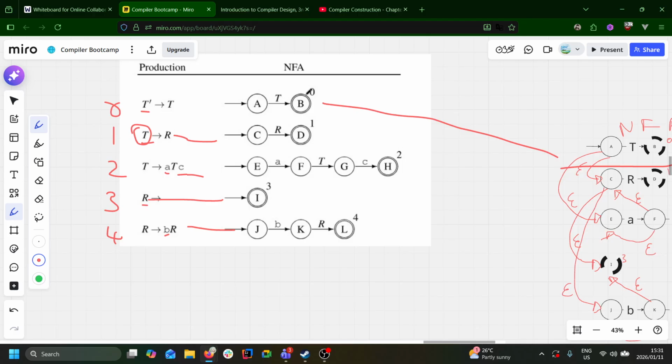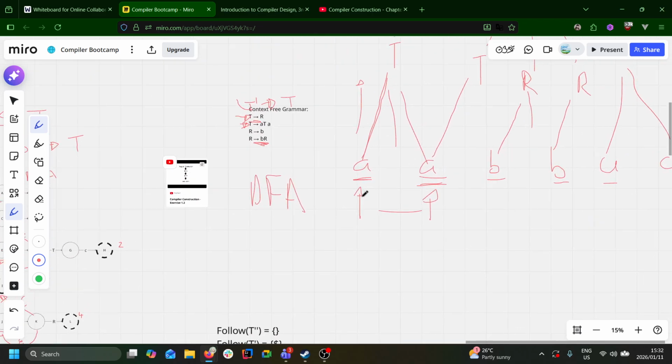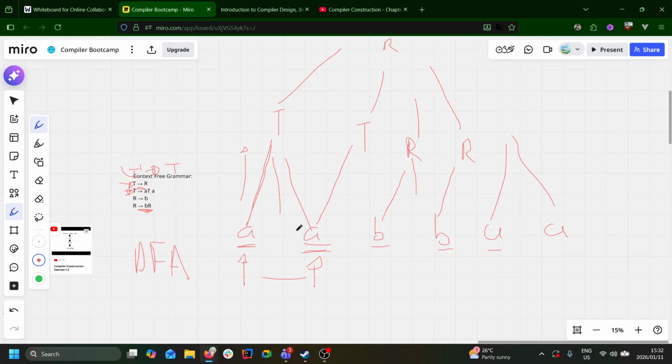And for each there, we made the last state of each one the accept state, and then we labeled each accept state according to the production rule. So this is production rule 4, 3, 2, 1, and 0. And yes, the reason we do this is to know when to reduce. This also helps us decide which rule to use.